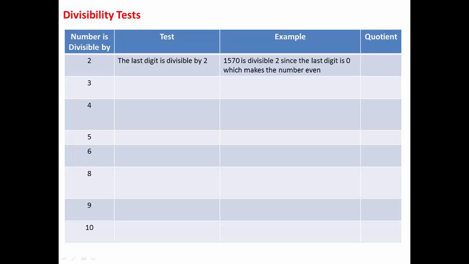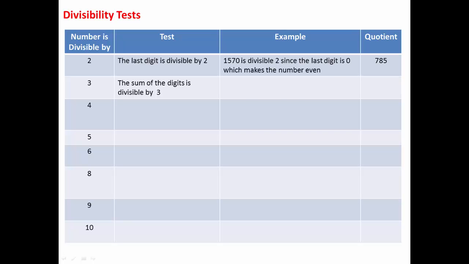An example, 1570 is divisible by 2 since the last digit is 0, which makes the number even. When we divide 2 into 1570, we get the quotient 785. A number is divisible by 3 if the sum of the digits is divisible by 3.